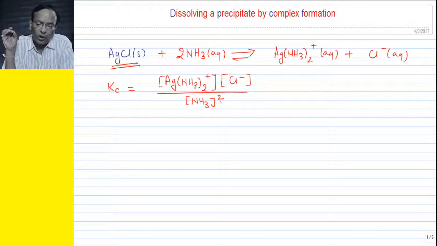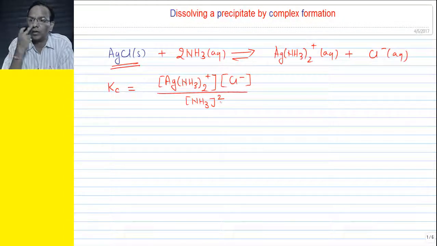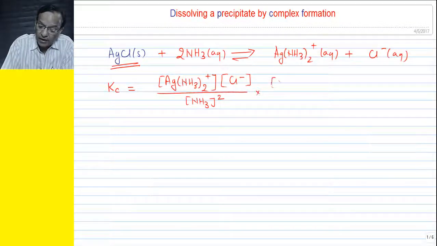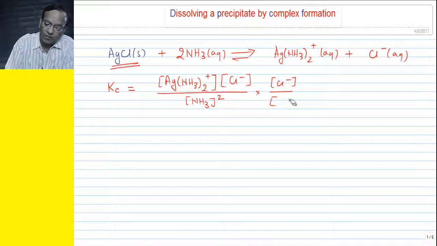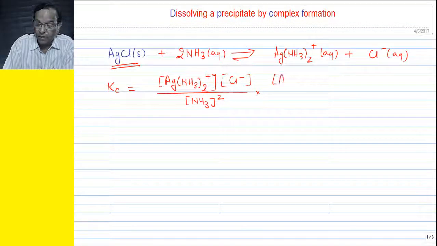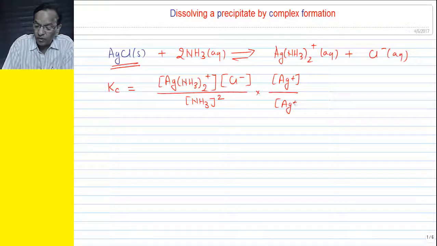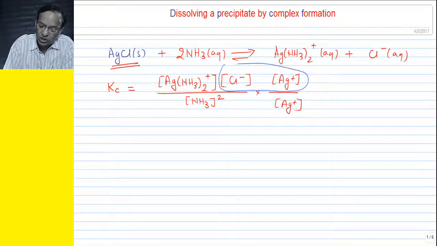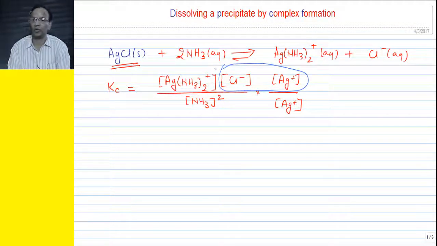Now this Kc will not be given directly. So it will have to be derived in terms of another standard constant given in the question. So suppose we multiply it by chloride ion concentration and multiply it by silver ion concentration, and divide it by silver ion concentration, what is going to happen? Here, this product is nothing but Ksp of silver chloride.